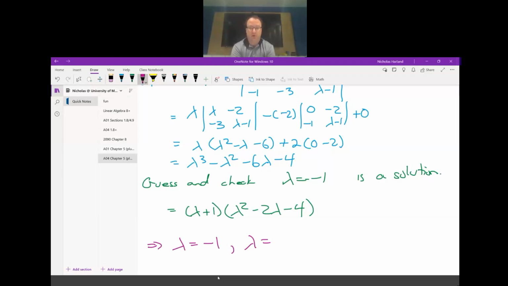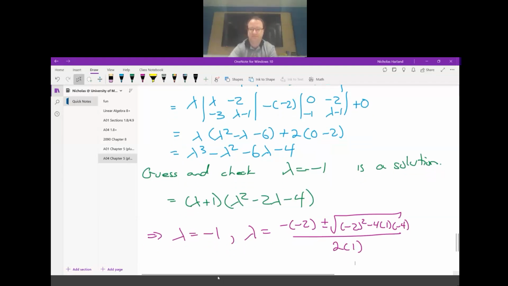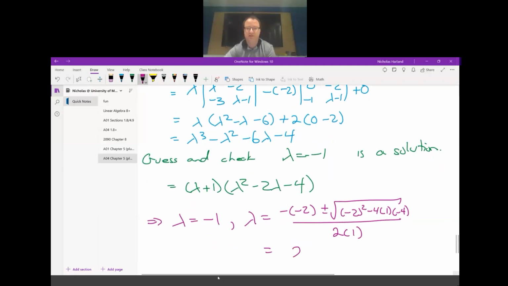And honestly, if we're wrong and it does factor, we'll still get the same answers if we use the quadratic formula anyway. It just involves a little bit more work. So lambda is equal to -b plus or minus the square root of b squared minus 4 times a, which is 1, times c, which is -4, over 2 times a. In other words, that's 2 plus or minus the square root of 4 plus 16, which is 20, all over 2.